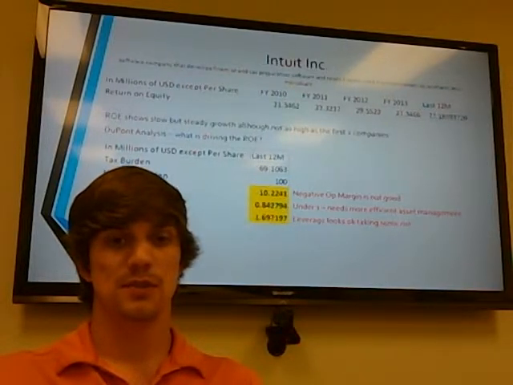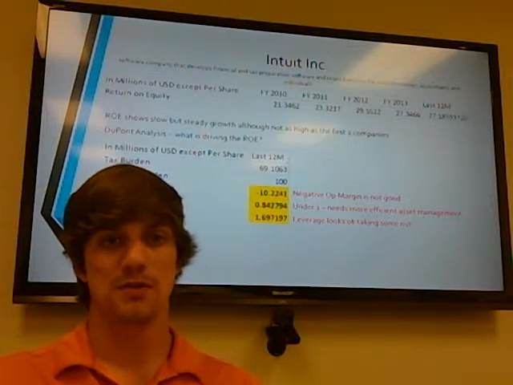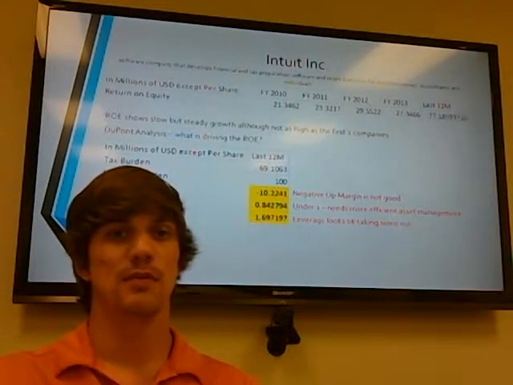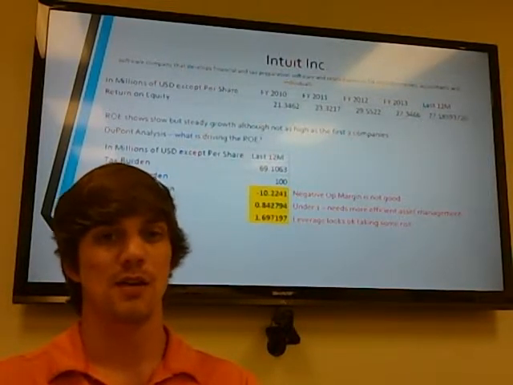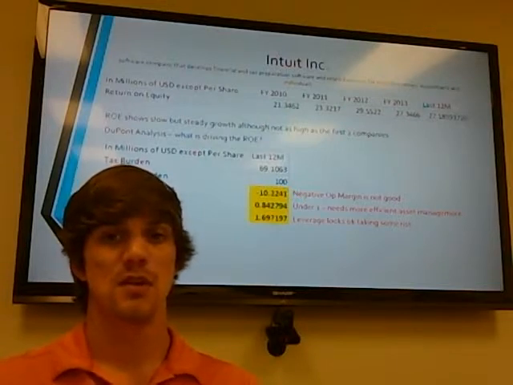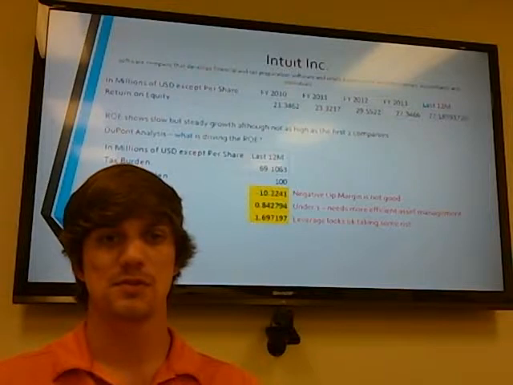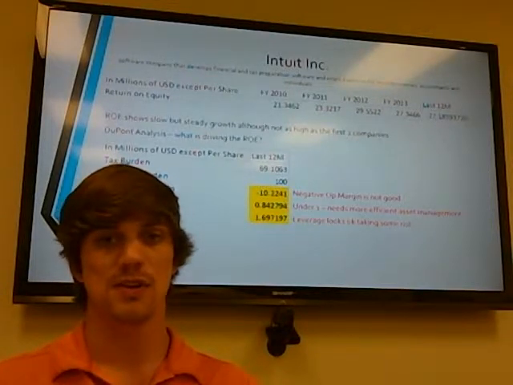Next, we'll discuss Intuit. Intuit is a software company that develops financial and tax preparation software and related services for small businesses, accountants, and individuals. In looking at their ROE, it goes from 21 up to 29, and then falls to 27.